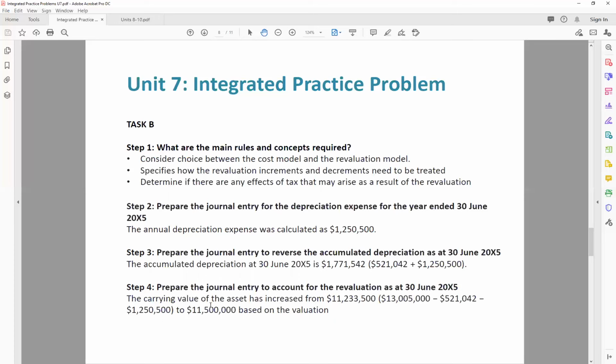So in fact, the asset has gone up. So we need to think about what is going to be the journal entry with respect to the increment. We know that the asset goes up. We need to recognize a revaluation surplus. We also need to take into account the impact of tax.